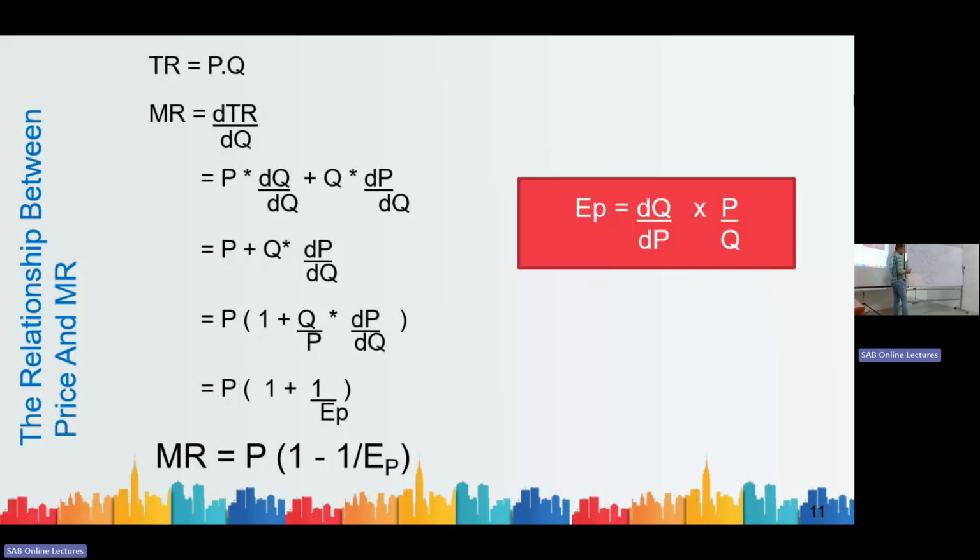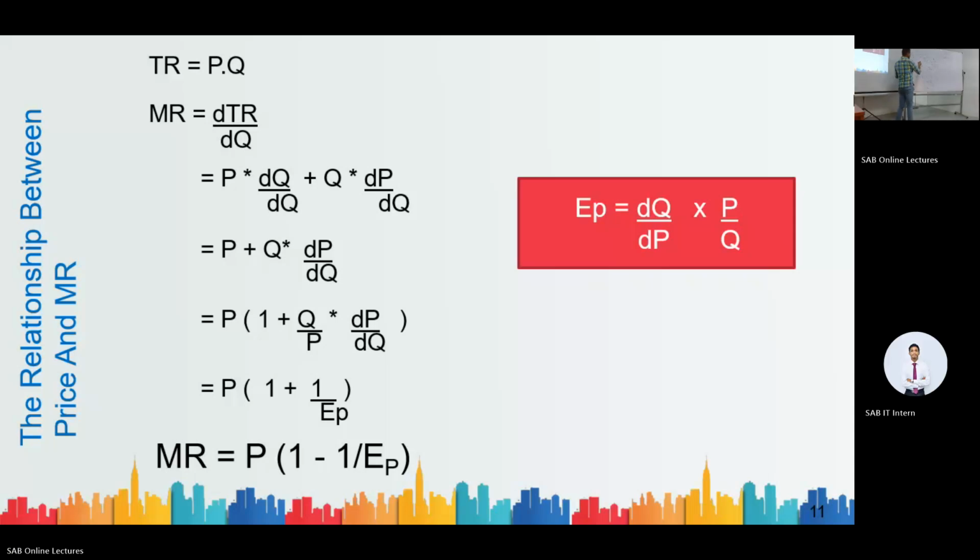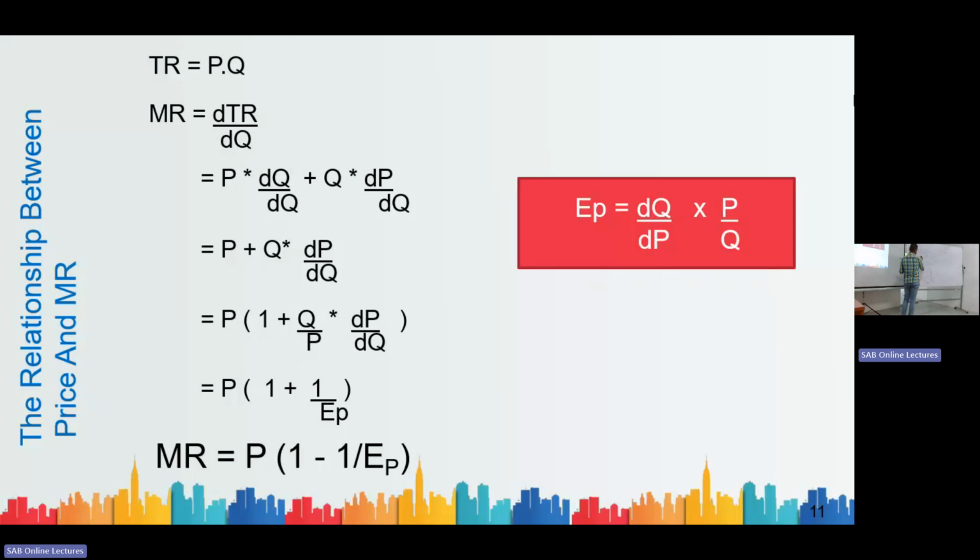And let's take another point. Let's take a point here. When price is 50, price elasticity of demand should lie between 1 and infinity. So let's say it is minus 2. Without the sign, I consider its absolute value.